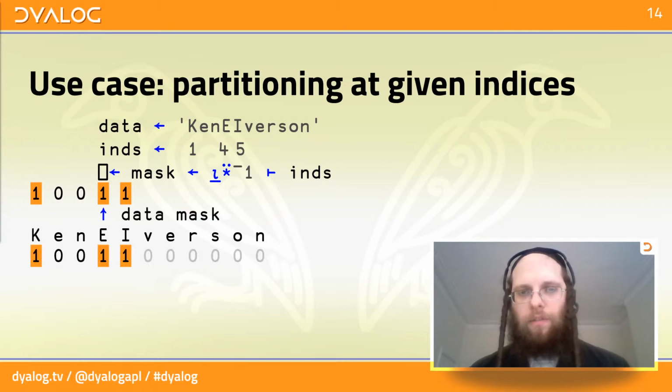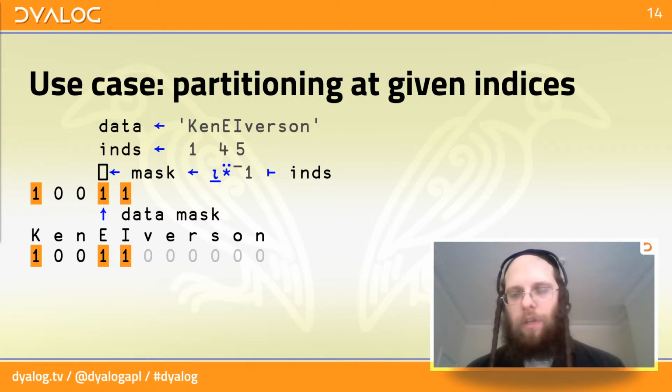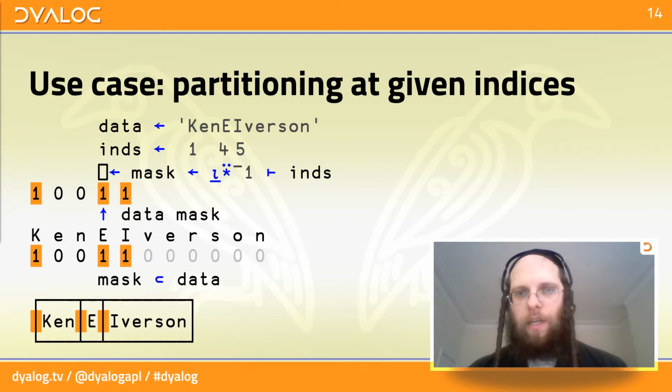If we stack it on top using mix, then mix will pad the mask with additional zeros at the end, and that gives us just the right amount of zeros that we need in order to run partition enclose. So here's an additional extension we've done to partition enclose, which is allowing it to imply trailing zeros if there are missing elements. So we don't have to pad with extra zeros. It will understand that's what we want to do anyway.